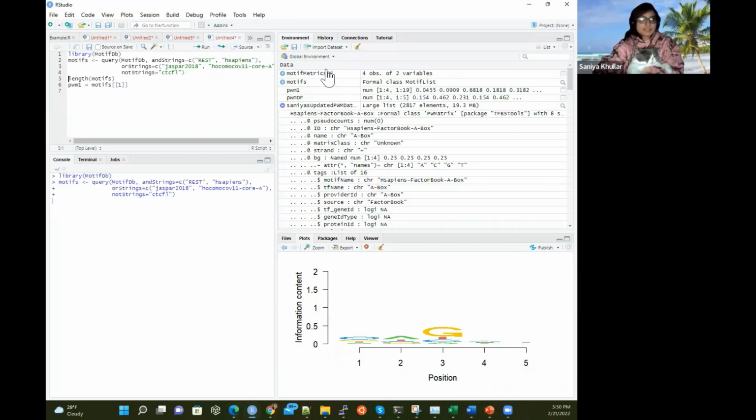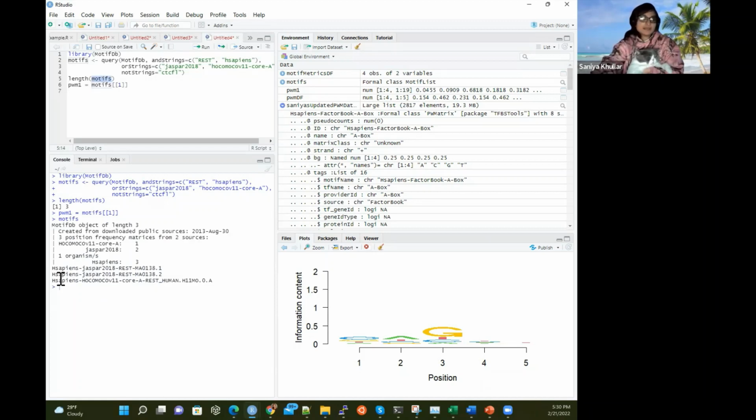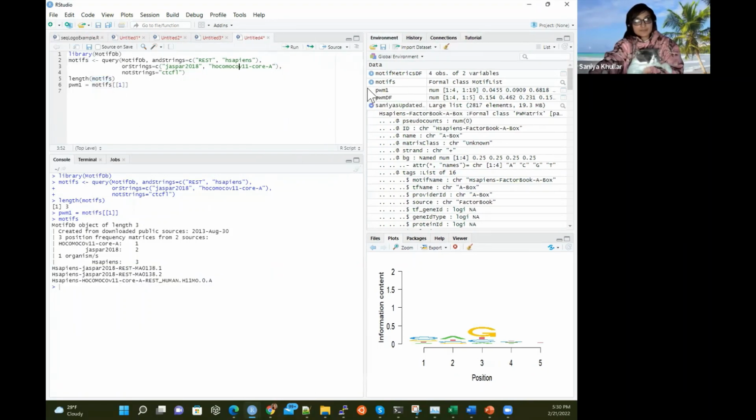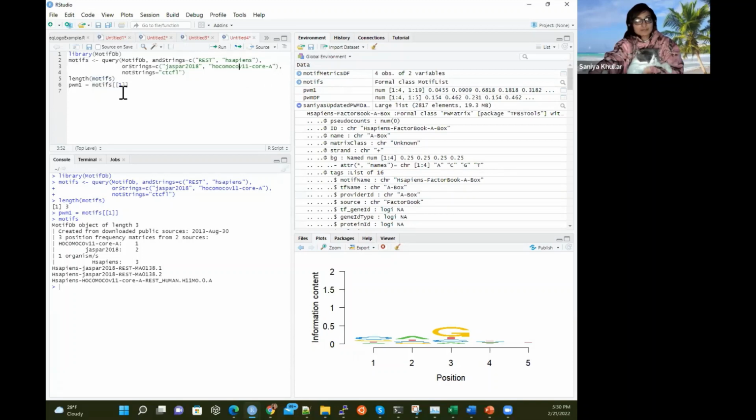You can already just query this and see that there are different types that are available here. If we look at motifs, we have these 3 different motifs that are available for REST, for instance, a transcription factor. In Homo sapiens, we can look at different data resources here.